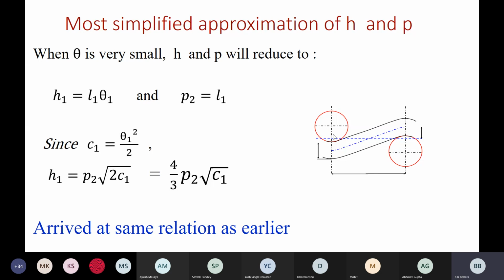Then this angle becomes the weave angle. As this angle goes on reducing, that means this warp yarn gets more straightened. That means crimp is getting less and less. Obviously, when theta becomes very small, at some situation you will find P2 is equal to L1.